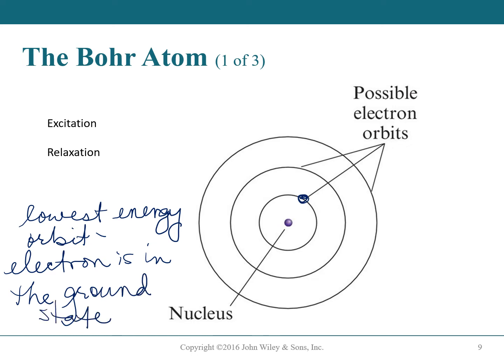As I move farther from my nucleus, it requires energy. Anytime I have to move up, it's going to require energy. Anytime I move back down, it's going to give off energy. When it absorbs energy, so it can move up to another orbit, it's called excitation. So excitation is when my electron absorbs energy and it moves to a higher energy orbit.